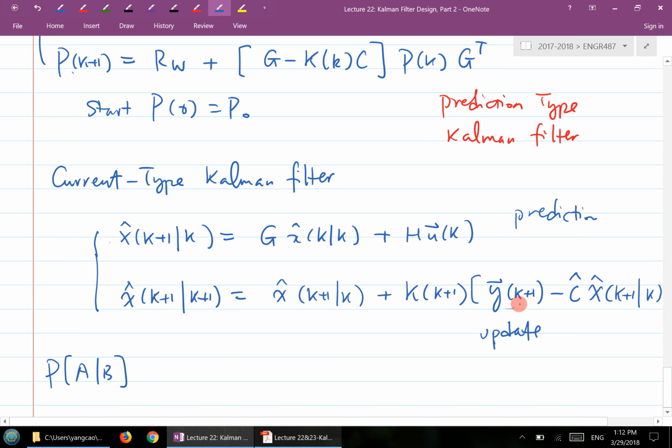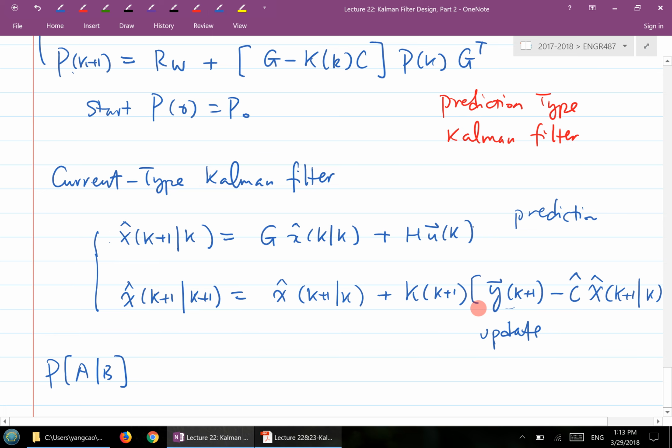But this is the current, you compare the value here, the k plus 1, that's both are current steps, right? So you're using the current feedback to update the prediction or estimation. And that's exactly the same structure as the current type of observer, basically.